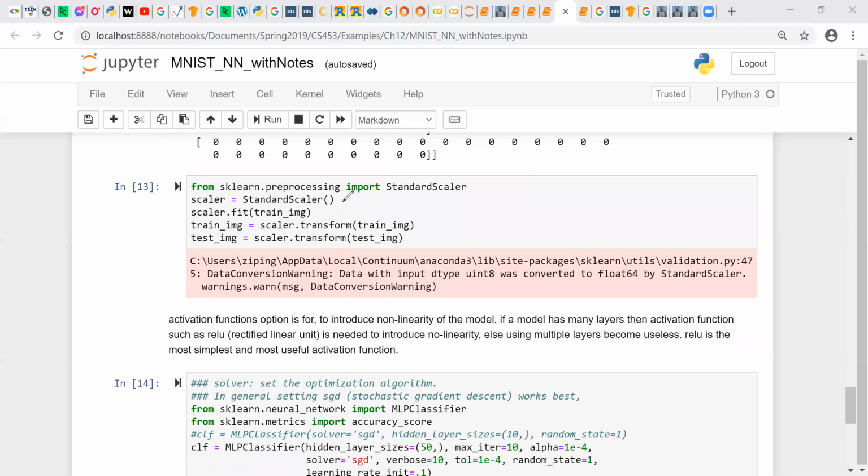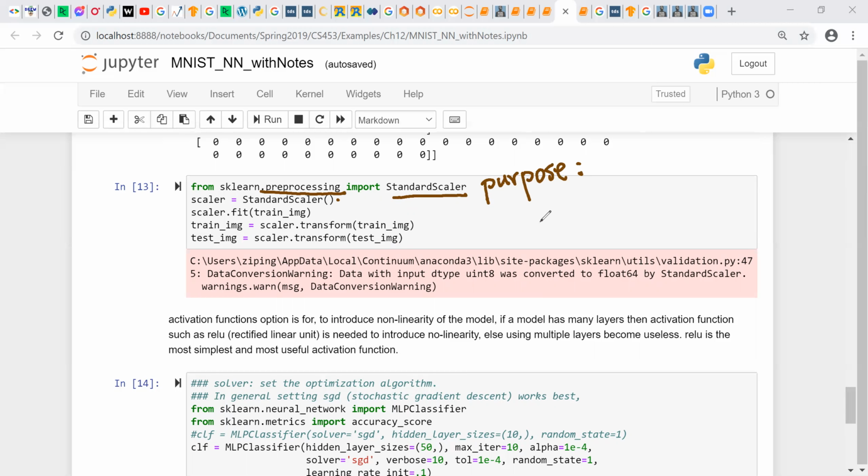And the same thing, we need to do data pre-processing. Let's repeat this question again. The standard scaler, what is its purpose? Who remembers that?